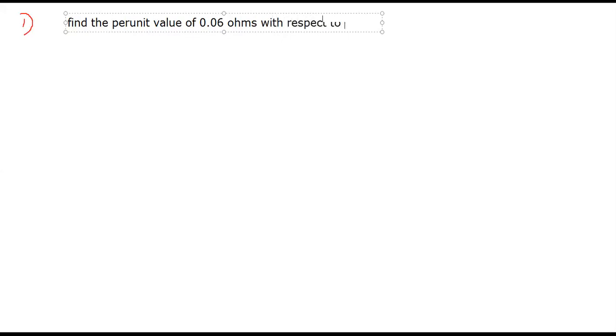Now see here, problem number 1. Problem number 1 is: find the per unit value of 0.06 ohms with respect to primary and secondary side of a transformer.